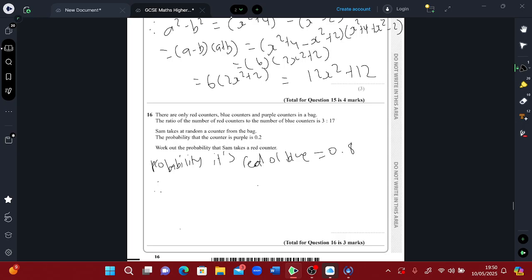The ratio of red to blue counters is 3 to 17. So what that's telling you is, if we add this together, that's going to be 20x, right?